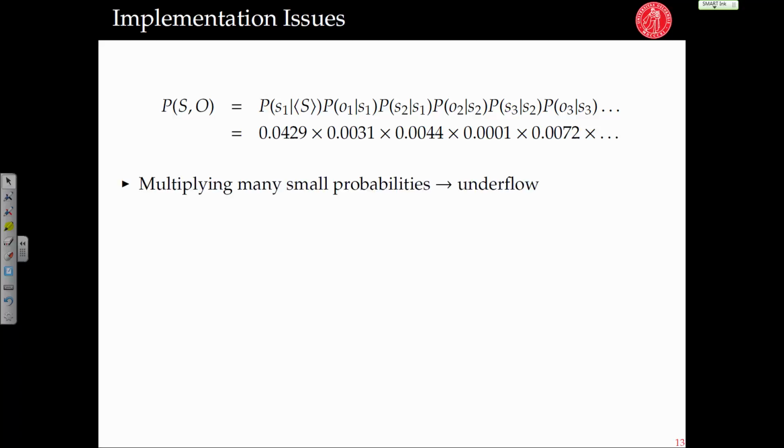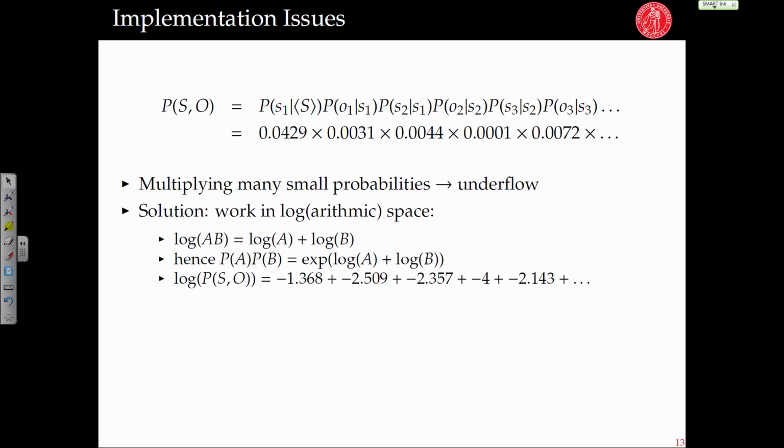So the more you multiply them, the smaller the probability, and the more likely you will end up having a floating point underflow. So we solve this problem by moving from the linear space to the logarithmic space, where we can add instead of multiply, etc.